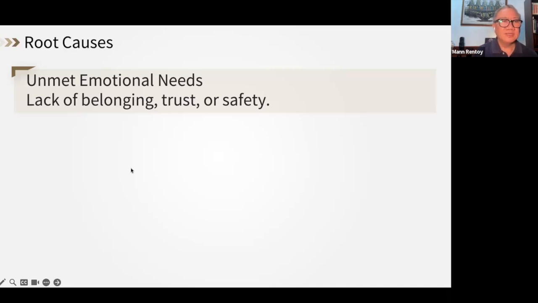They don't feel they belong. And so don't expect him to immediately be participative, answering with confidence. They have a certain unmet emotional need that first they need to feel they belong, trusted, and feel safe. Then they will carry themselves as we would expect them to behave if these emotional needs are met.